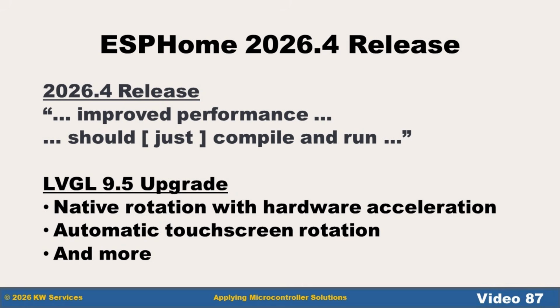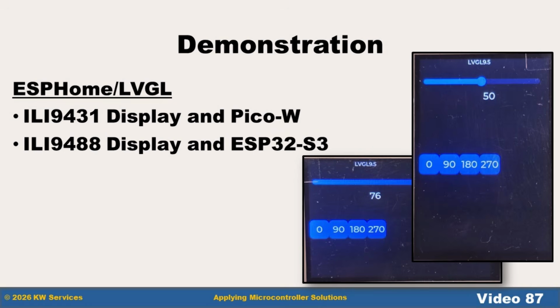Touch screens are synchronized to display rotation. Most importantly, this occurs while using the standard ESPHome syntax. So unlike LVGL-C and MicroPython LVGL code, most of your existing YAML configurations will compile as is.